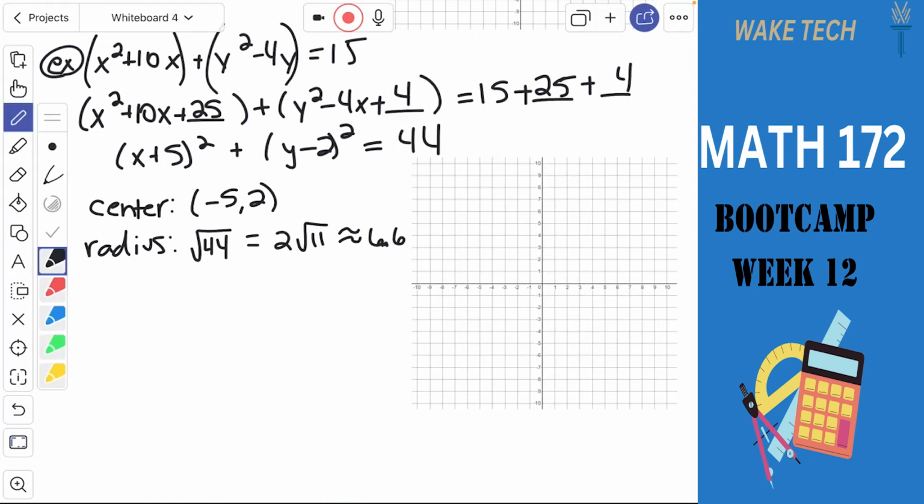Oops, sorry. Negative 5, 2. And then go up, down, left, and right, 6.6. And last one, 1, 2, 3, 4, 5, 6. So kind of over there.